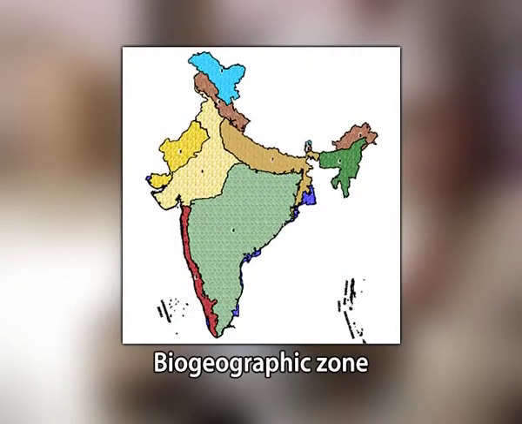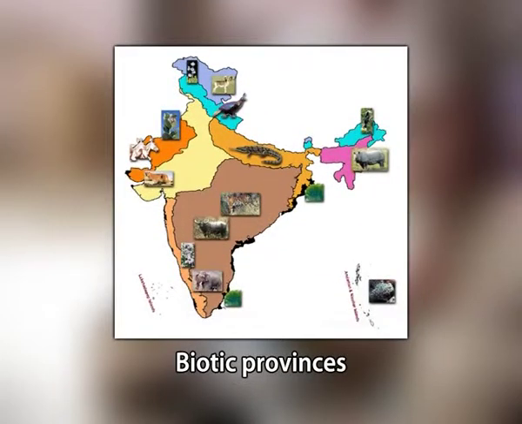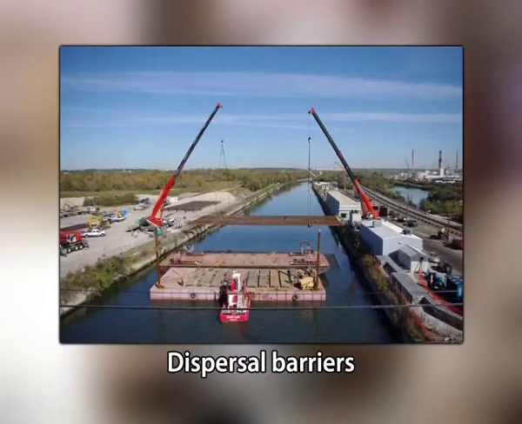Number 1, the biogeographic zone, a large distinctive unit of similar ecology, biome representation, community and species. Number 2, the biotic province, a secondary unit within a zone giving weight to particular communities separated by dispersal barriers or gradual change in environmental factors.